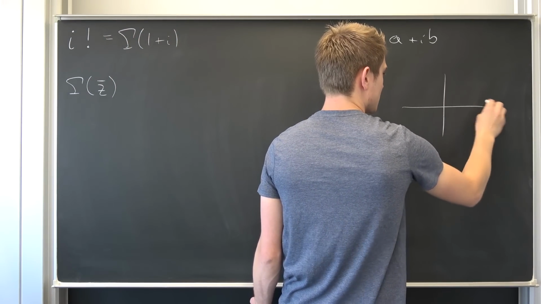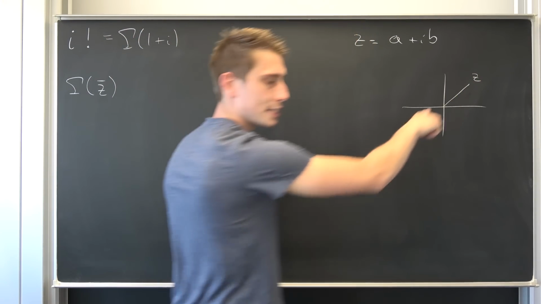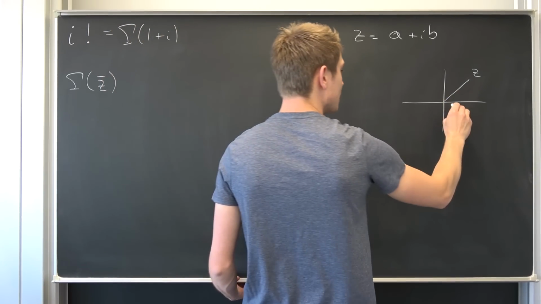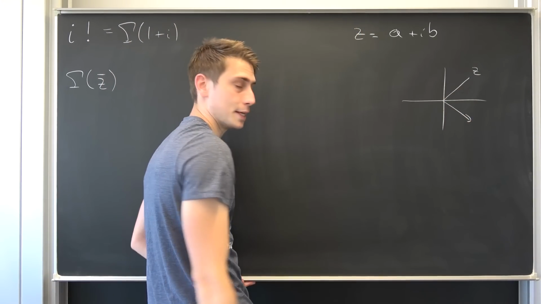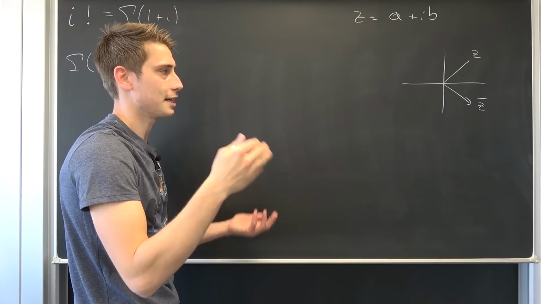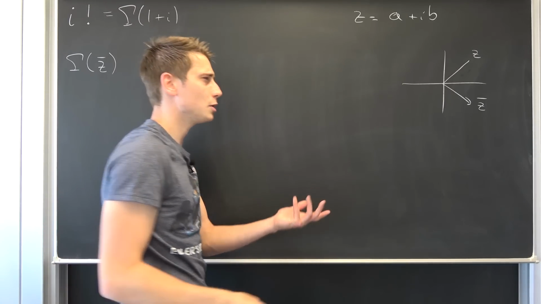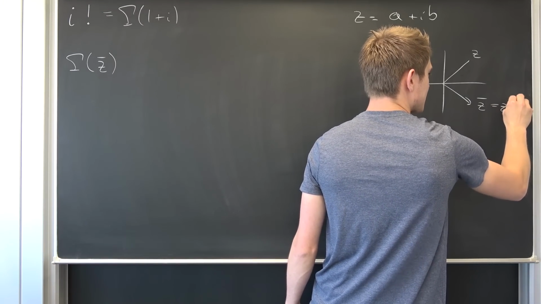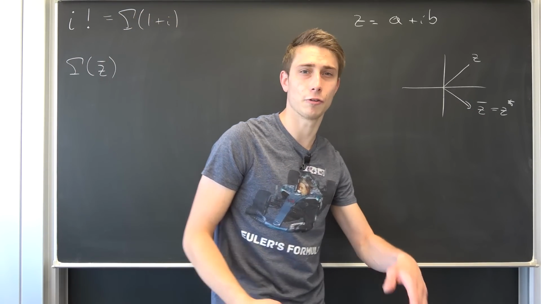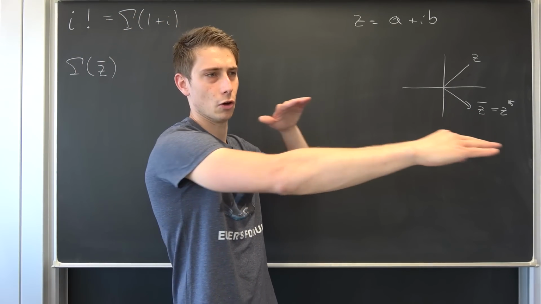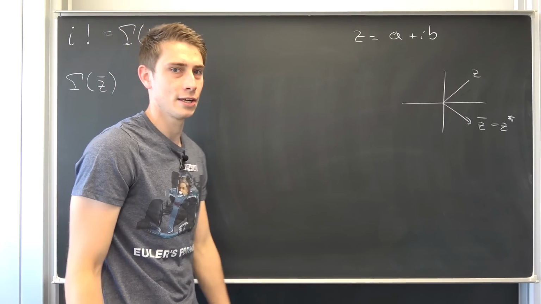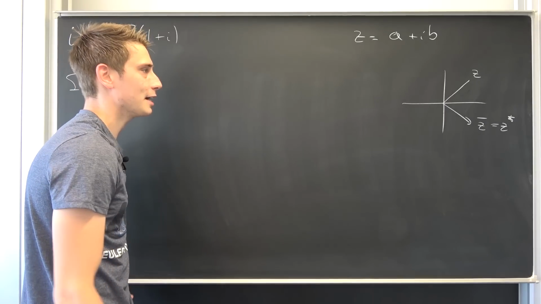We do some simple complex analysis. If you have this as being z right here, our complex number, then the complex conjugate is just a reflection of this thing on the x-axis. Meaning this thing right here is our complex conjugate z line, z hat, whatsoever. I would like to denote it also as being z star for reasons that will become apparent in a few minutes, because it's kind of messy to write a really long line above an expression that's just not something that looks absolutely nice, okay?